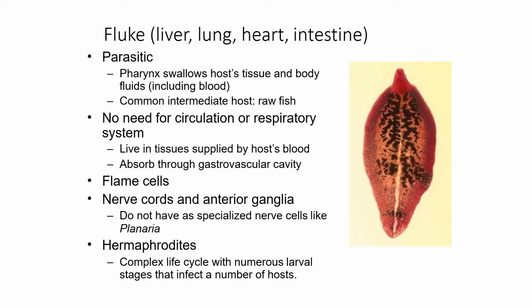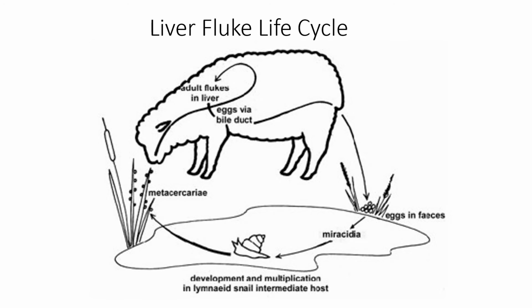They have a complex life cycle with numerous larval stages that infect a number of hosts. You can see in this diagram the liver fluke's life cycle. Here you can see the adult flukes present in the liver.